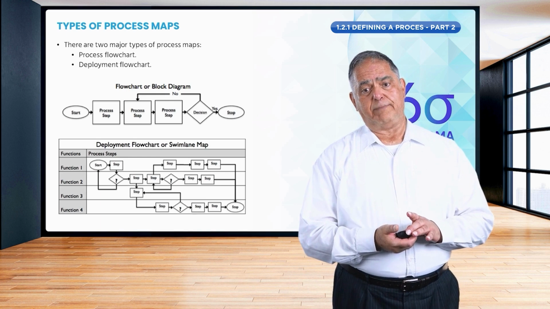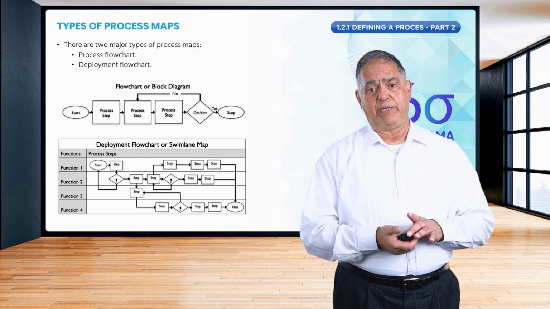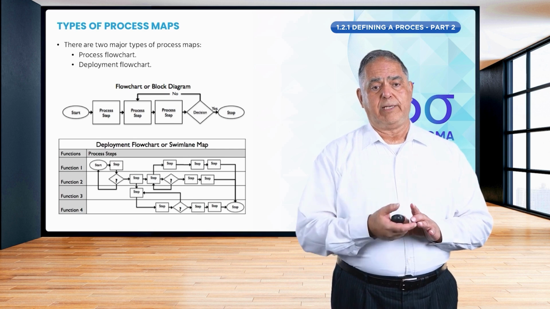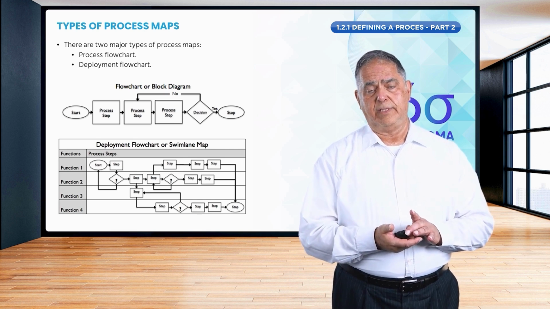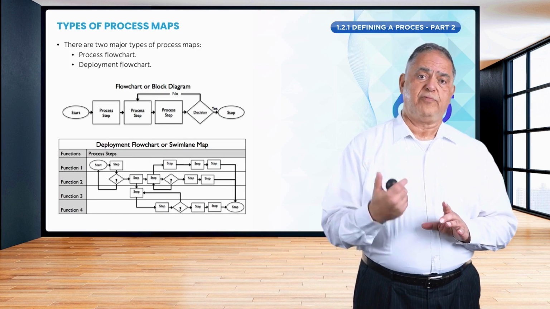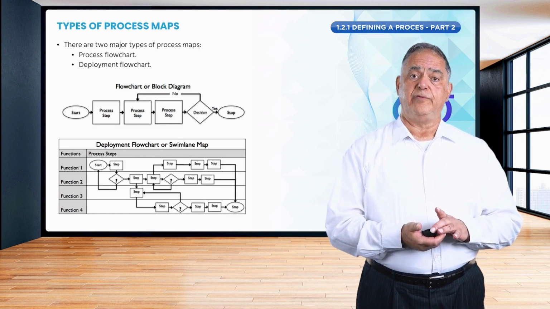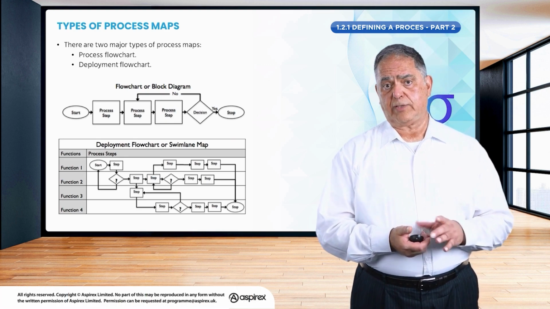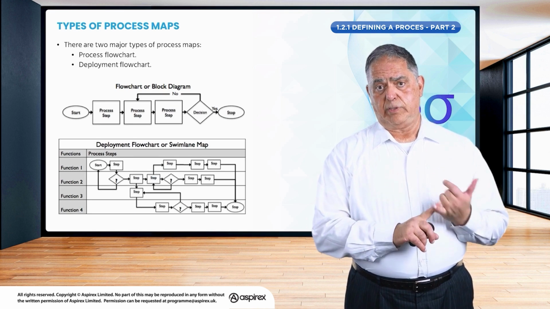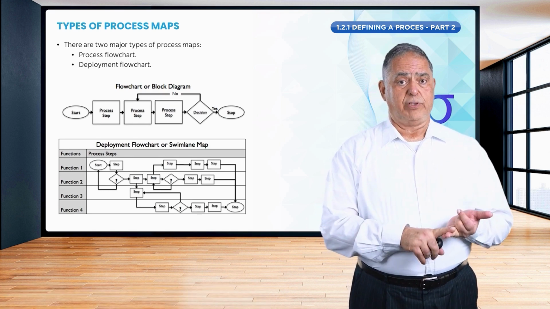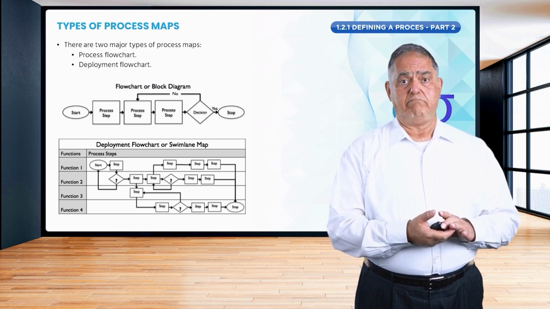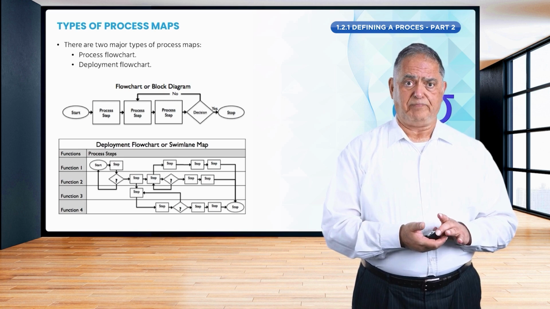On the other hand, a deployment flow chart, which is also known as a swim lane map, includes all the details of a process flow chart, but also provides an indication of what we call process actors. And a process actor can be a person, can be a functional area in the business, a department. It may also be, for example, an IT system.